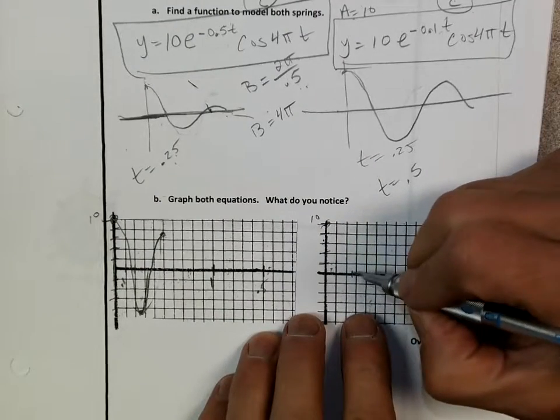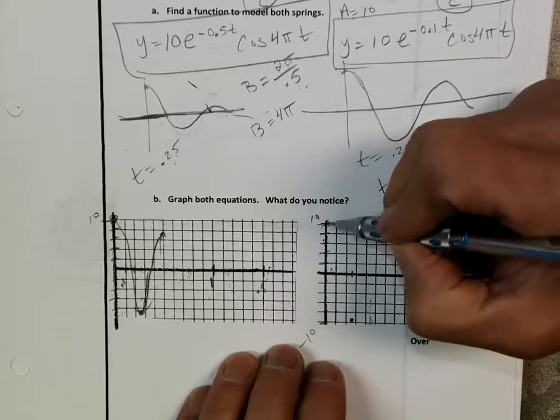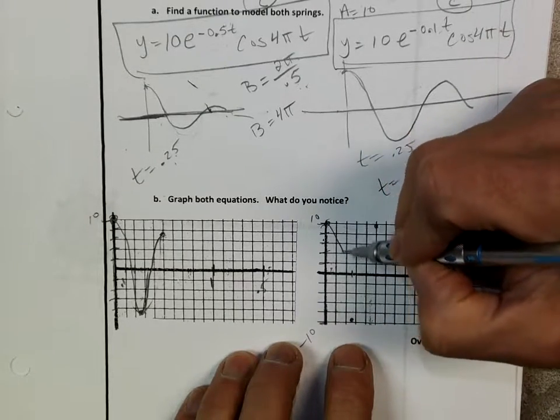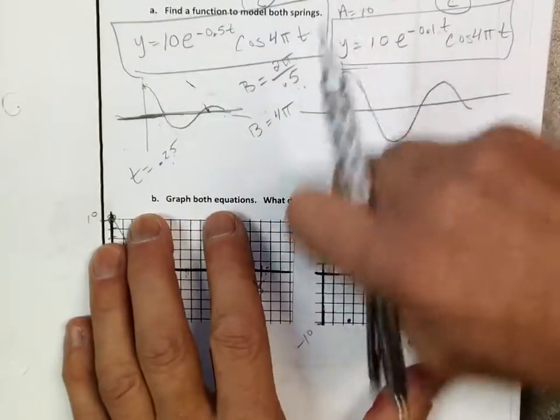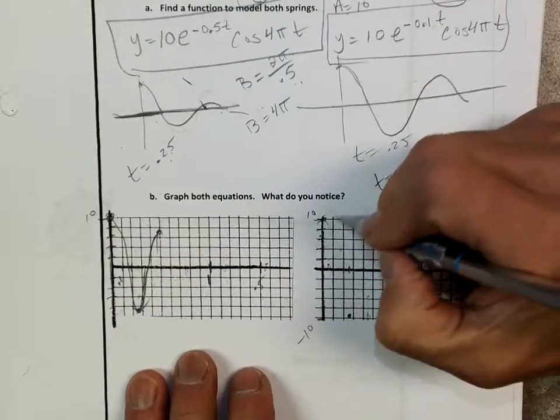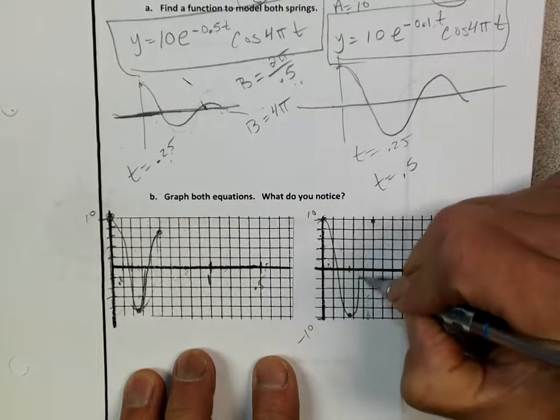So 1, 2, 3, 4, 5. So it's a pretty loose spring. There we go.